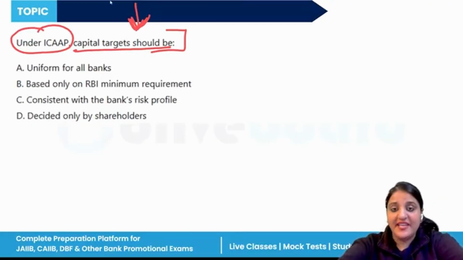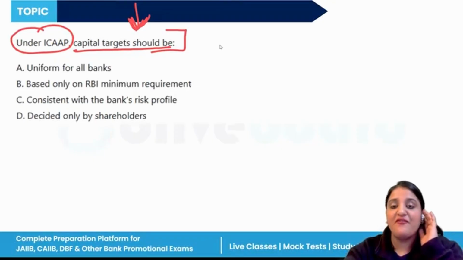Now, trades are there in derivatives. Another bank only gives government backed loans. Should both have the same capital target? Obviously not.